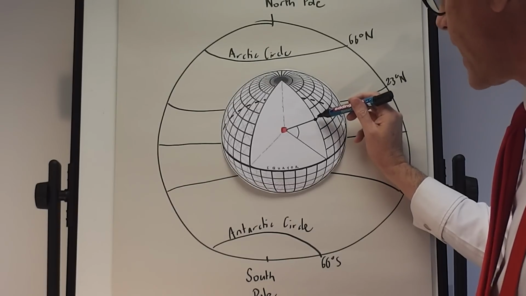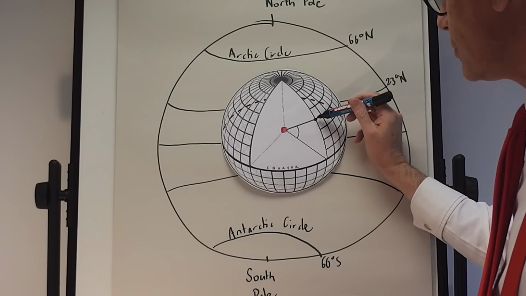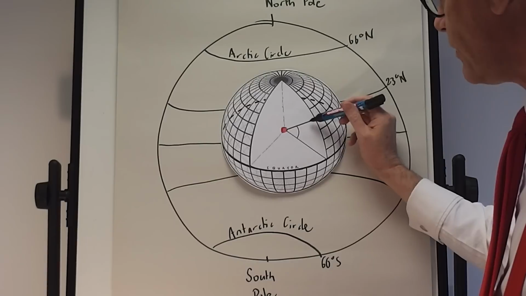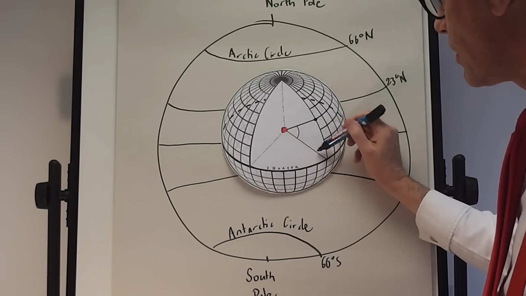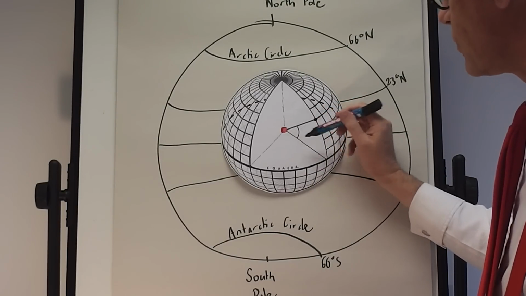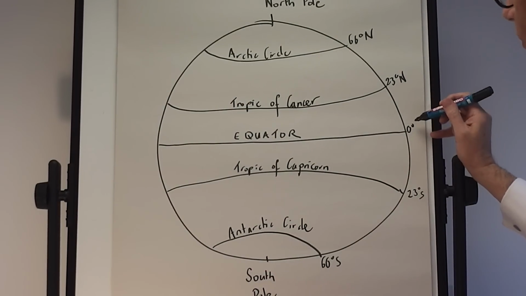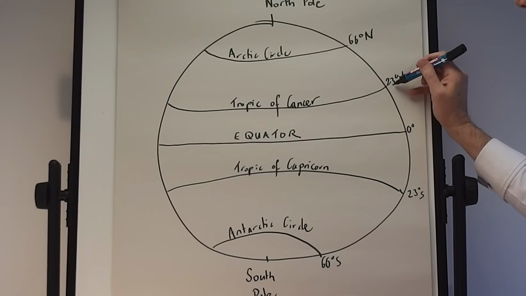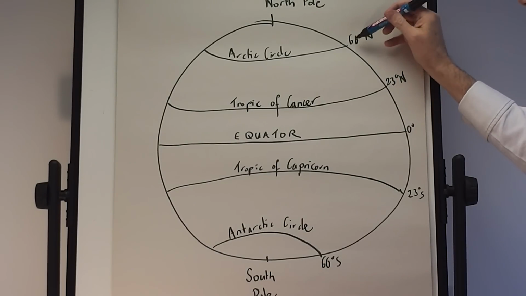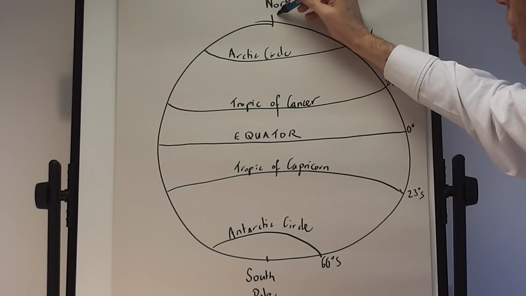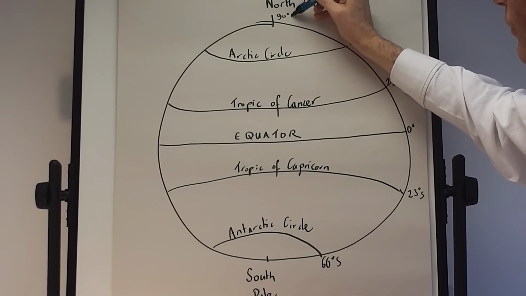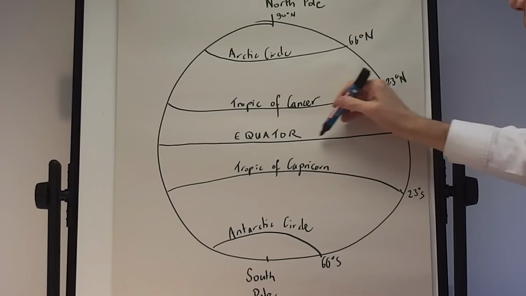It's that angle there. So the equator is at 0 degrees. The Tropic of Cancer at 23, the Arctic Circle at 66, and the North Pole is at 90 degrees to the equator.